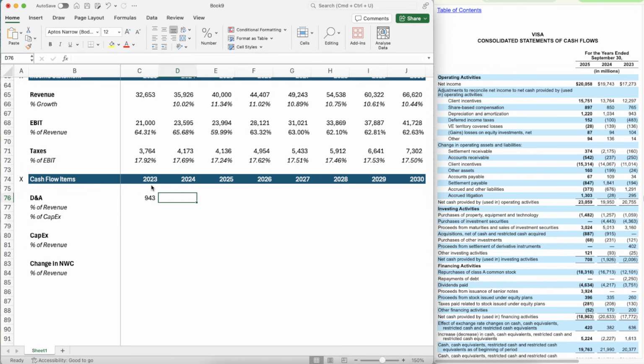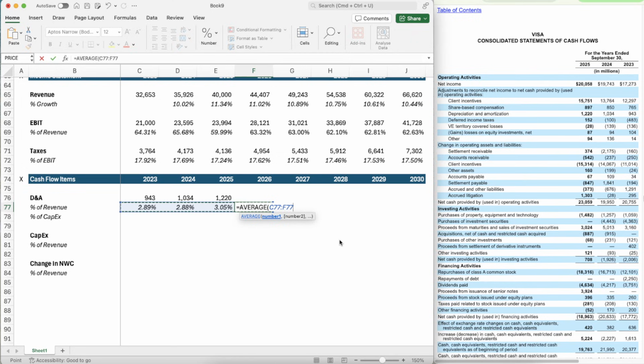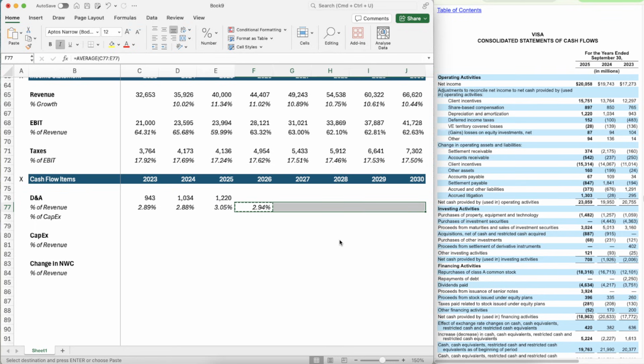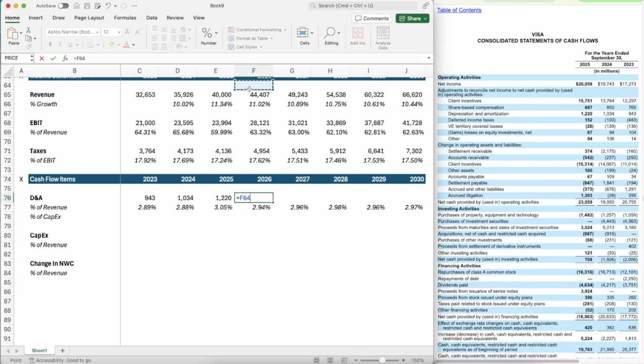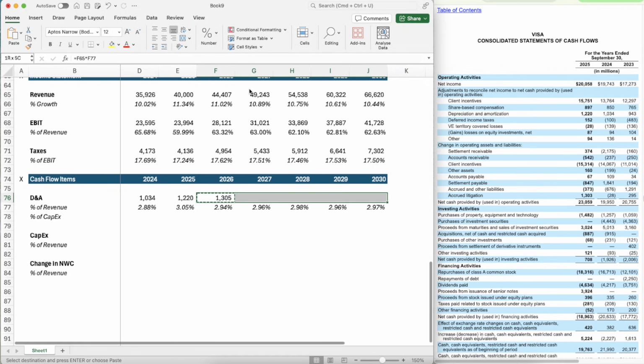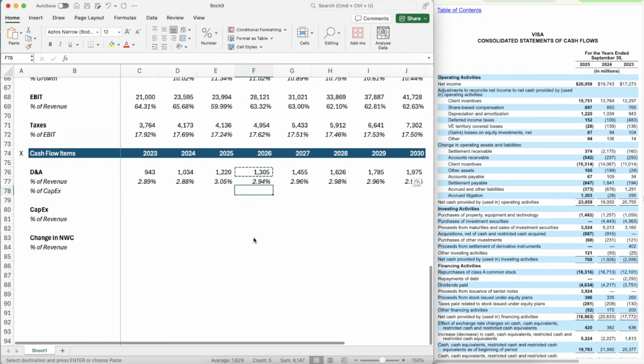So 943, 1034, 1220, divided by your revenue to work out the percentage of revenue. For the forecast, we're just going to average the last 3 years. Revenue multiplied by the percentage of revenue. There we have it. Good.